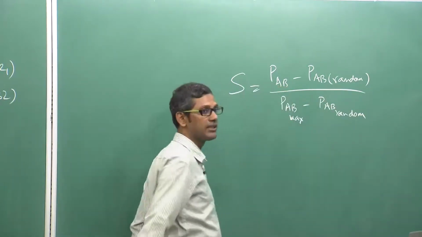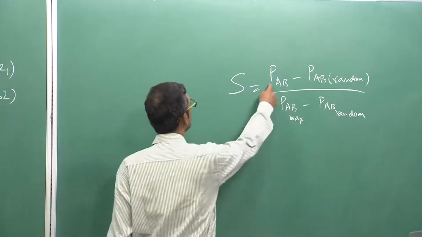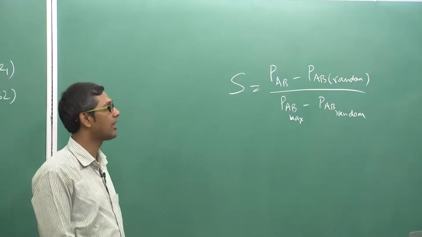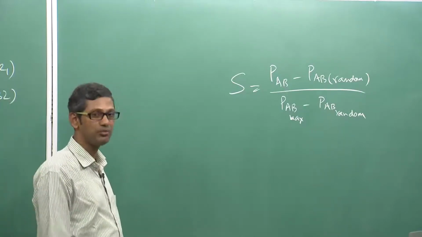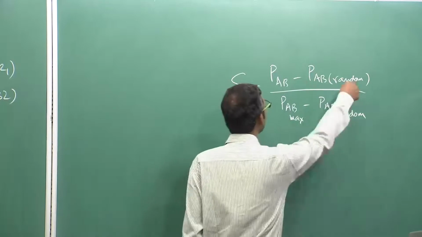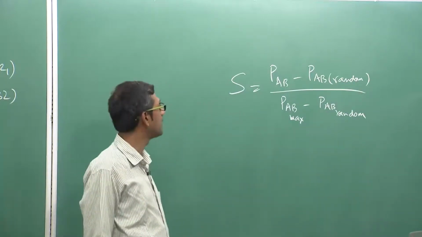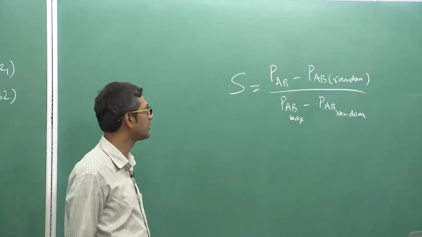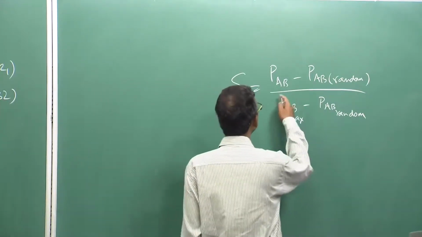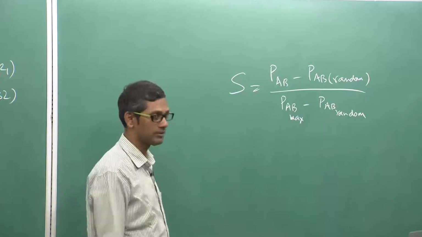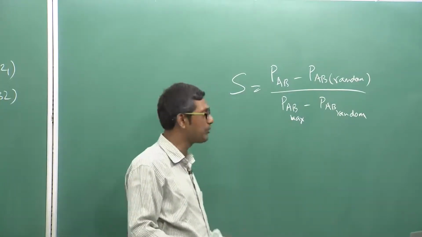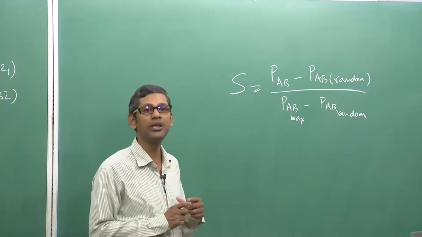This PAB at the top in the numerator, the first one, tells you the probability of how many sites are occupied by A or B atoms, minus, if it is a completely random structure, then obviously there is no specificity of the occupation of the atoms in the lattice sites, divided by, in the denominator, PAB max, which means it is a fully ordered structure.